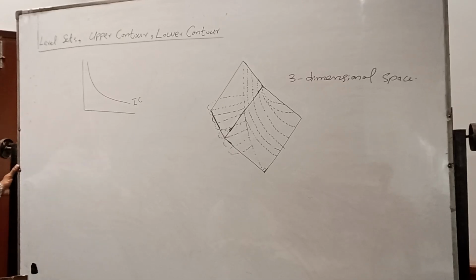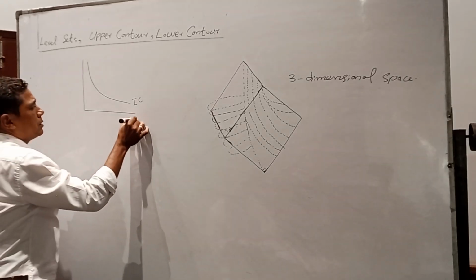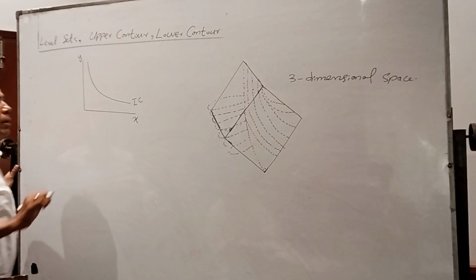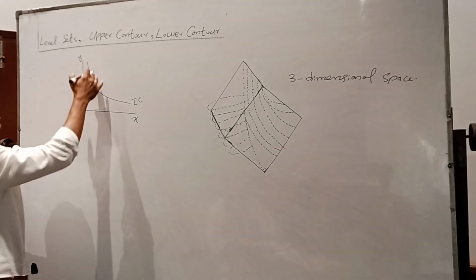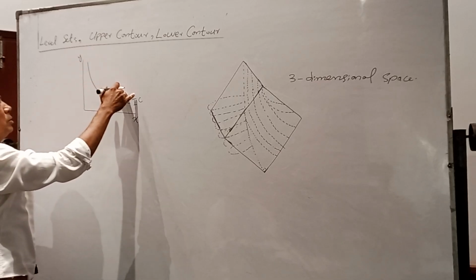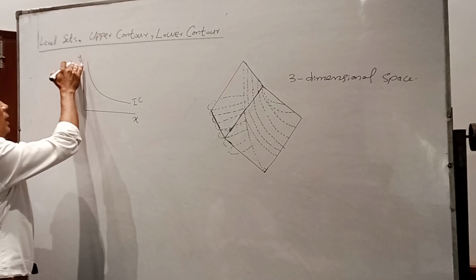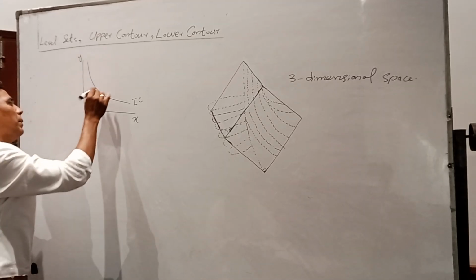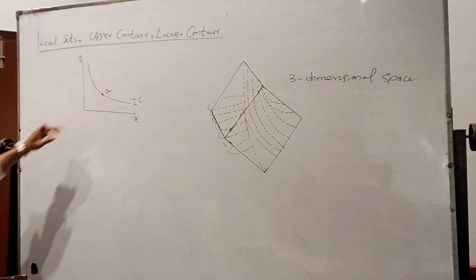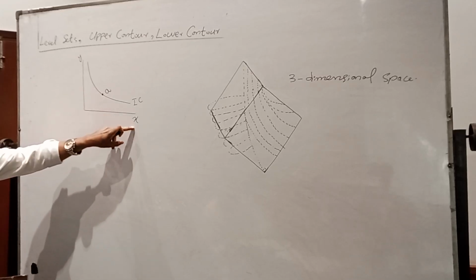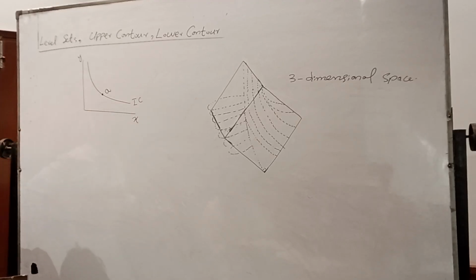We are all familiar with this concept, and we assume that this is X and Y, and this IC has different values subject to utilization of X and Y. For example, if we mark any point here as A, it means that A has some values from X and some from Y. It is understood.